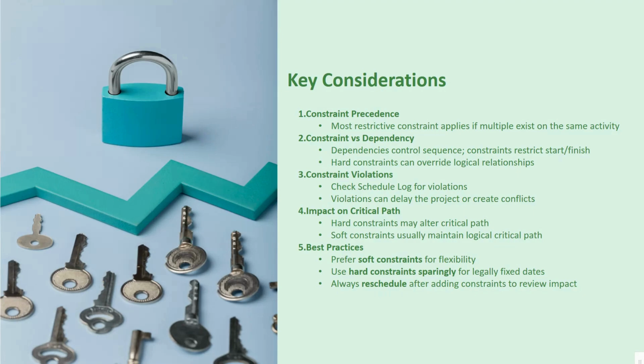Only use hard constraints for truly fixed dates, like legal deadlines or a required event. And most importantly, always reschedule your project after adding or changing constraints to see the impact. Okay, so never forget to check the schedule log.